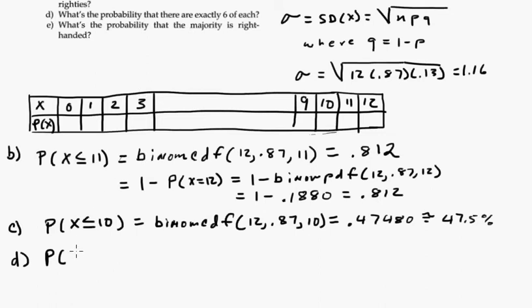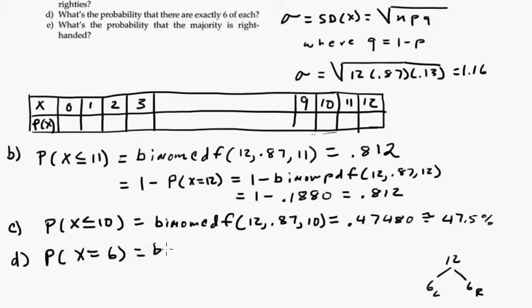That's weird. The probability of X equals 6. Right? Because this is kind of weird, but there's 12, and if you had 6 left-handers, then you'd have to have 6 right-handers. So they're just messing with us here.